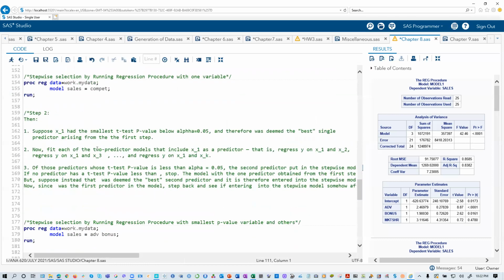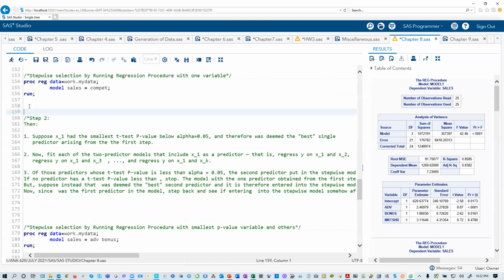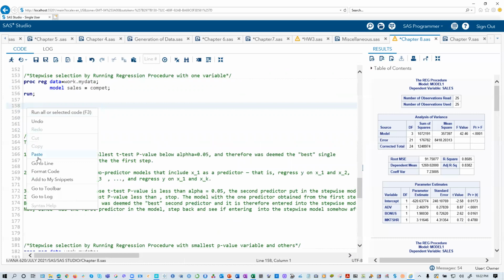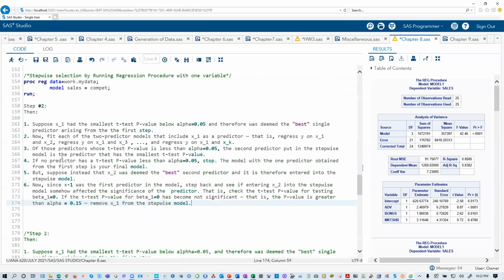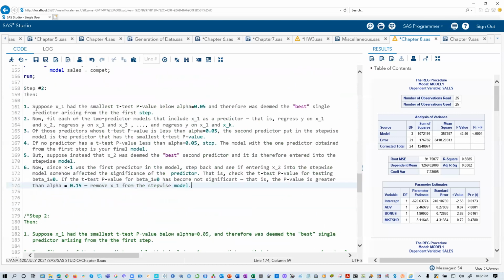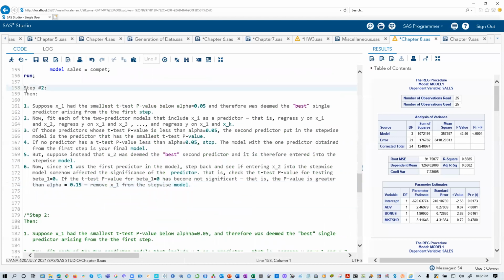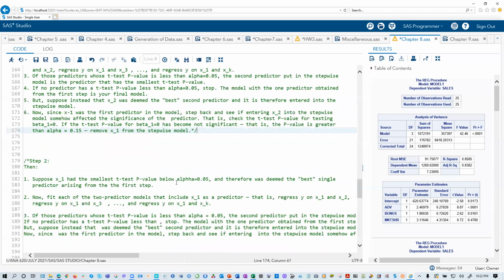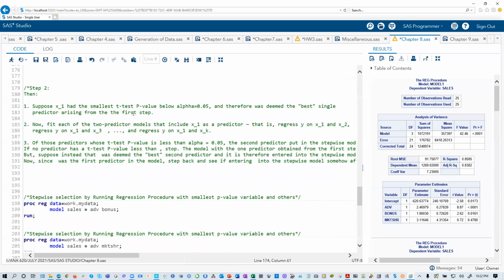See, step 2, paste here, step 1, step 2, this one and this one. That's step 2. I'm going to keep it like that, and then I'm going to take this out. I don't need this one, it's redundant.